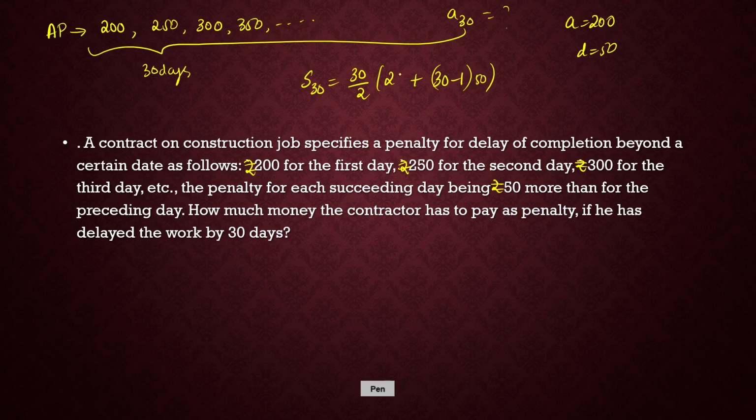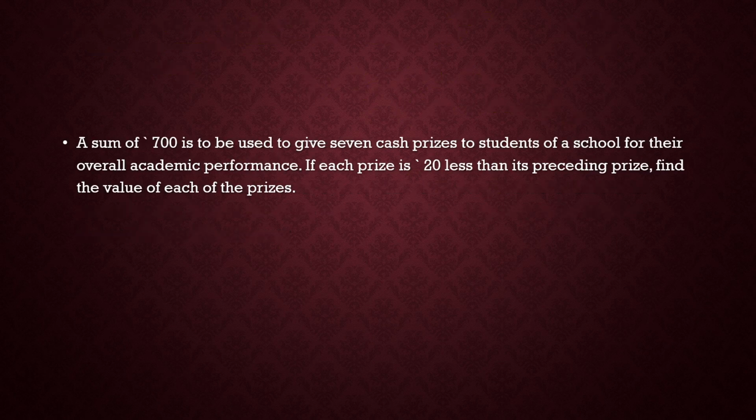So that is equal to 30 by 2 into 400 plus 1500 minus 50. Just substitute this, solve this equation, you will get the answer. The only thing you need to figure out is what is asked in the question and derive the AP. Get the AP from the question. That's it. Now next word problem.